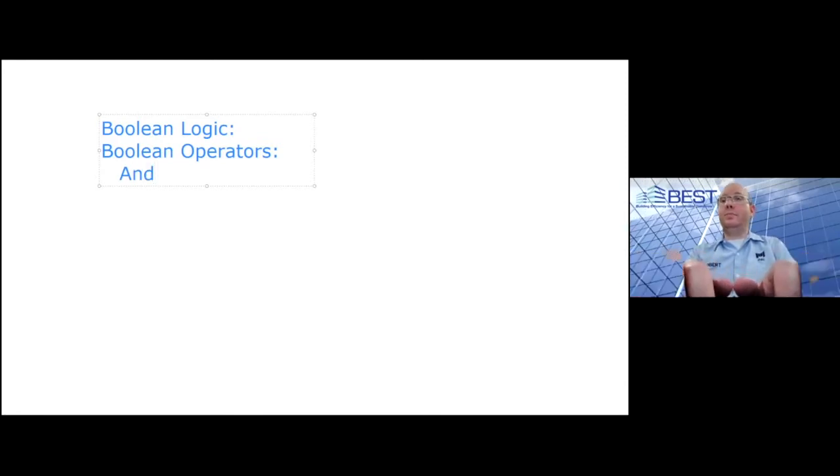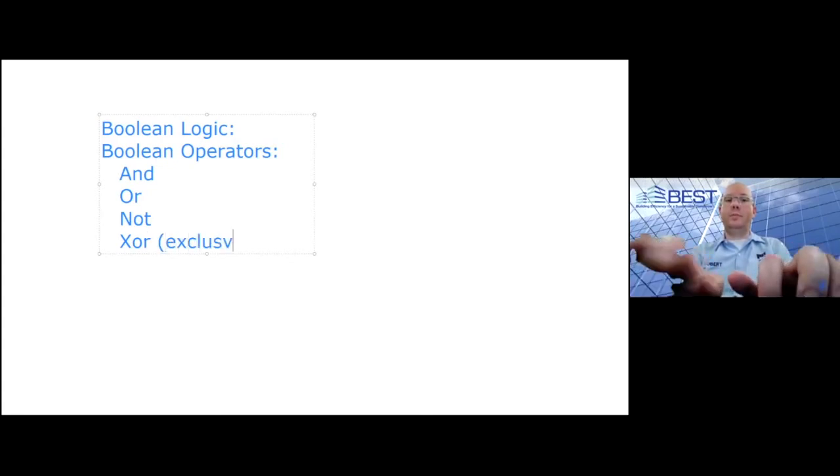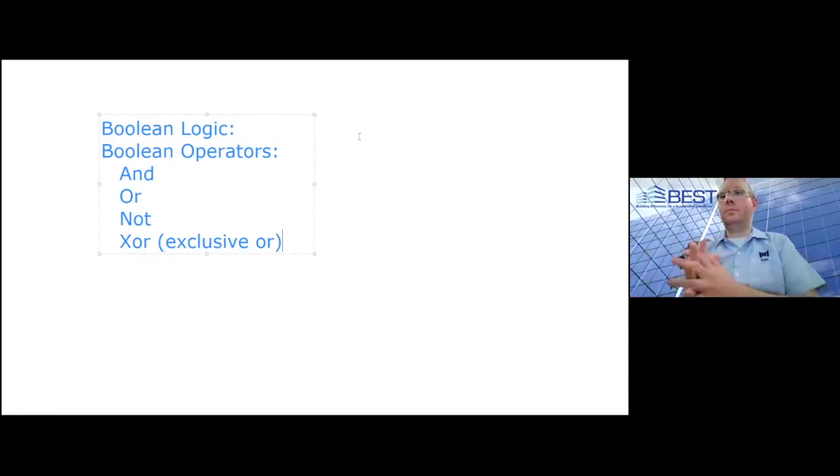And, or, not, and XOR, or exclusive or. Those are our 4 primary Boolean operators. Like I said, we're going to be switching back and forth between the whiteboard and the programming tool.